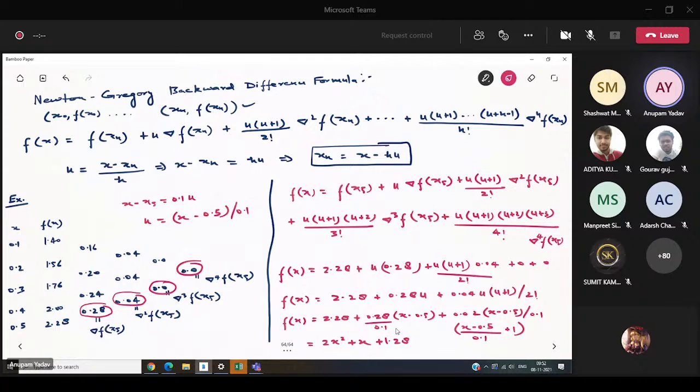You can use either one of them to get the value of f(x) at any point, but if we have the idea that the data is lying in the upper half or the lower half, in that case if you use the forward difference and backward difference accordingly, then the amount of error would be less, so it will be more accurate.